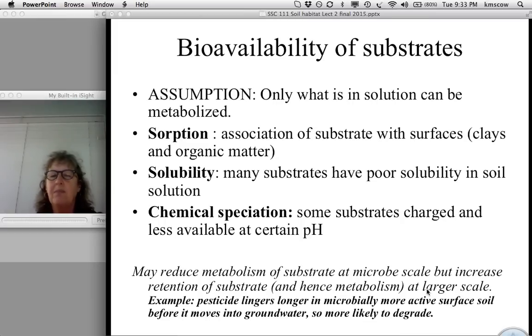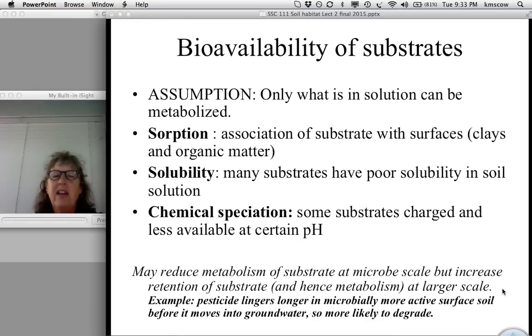But on the other hand, the pesticide is hanging around in that surface soil. Remember we looked at the changes in density of microorganisms as we move deeper into soil. This is a really sharp drop off from the surface as you go deeper into the subsurface.